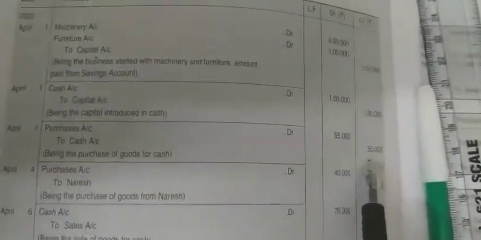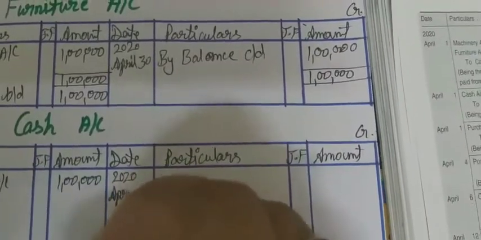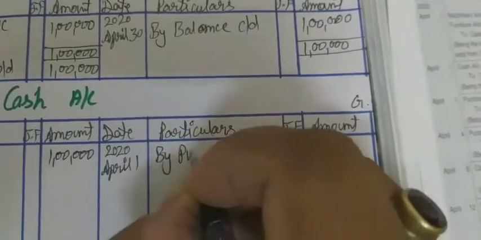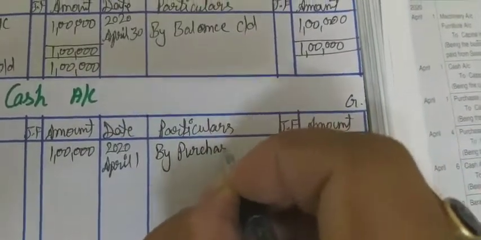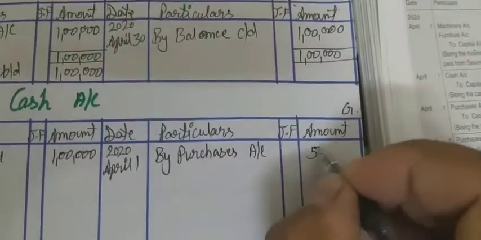Next, cash is credited by rupees 55,000, and the debit account is purchases. It is on April 1st. So 2020 April 1st, by purchases account of rupees 55,000.